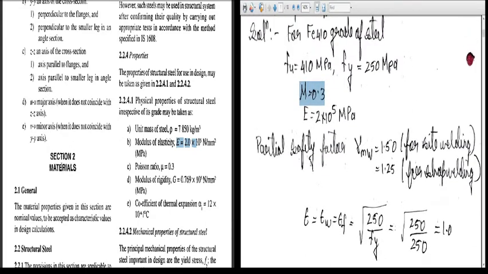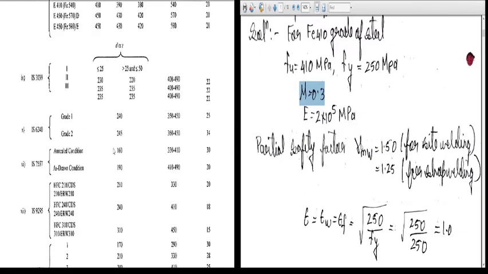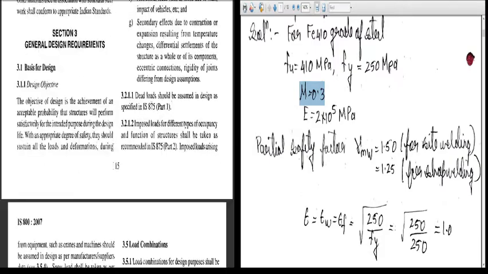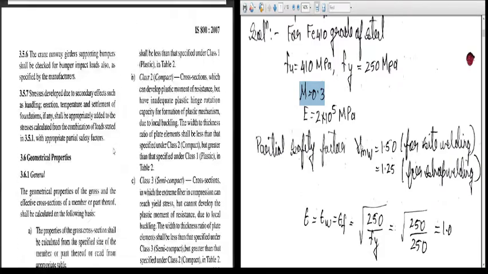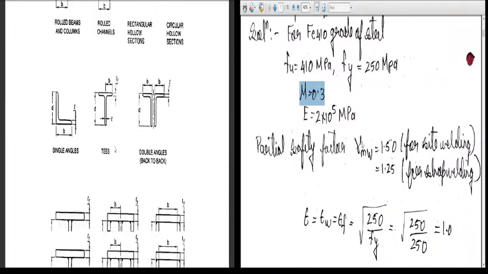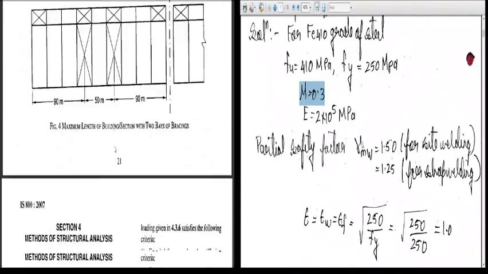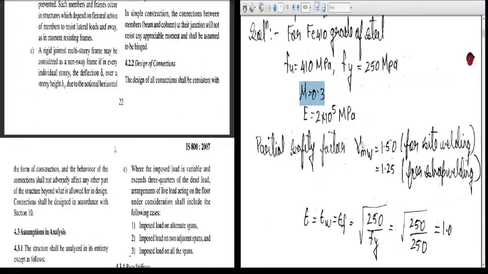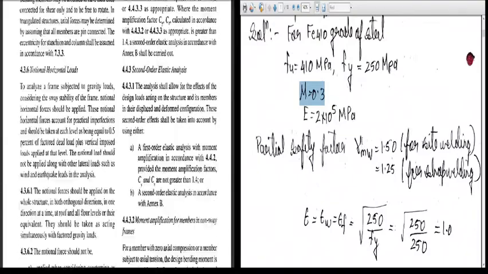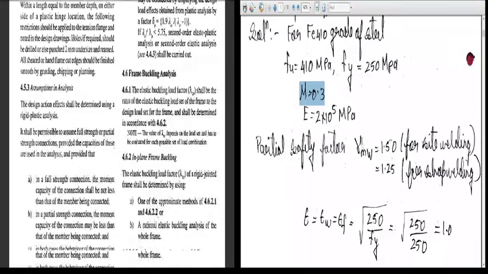Now, partial factor of safety. This is according to the table given in the IS 800. There is a table given for the partial factors of safety depending upon the type of connection. It is given in table number 5. Always refer to table number 5 for the partial factor of safety for any of the designs.